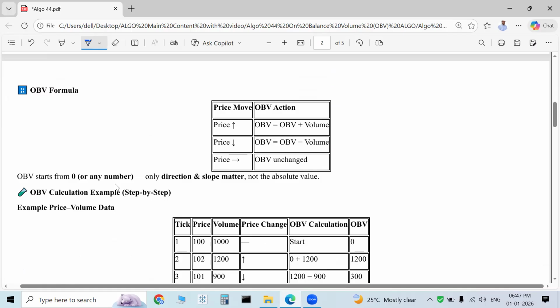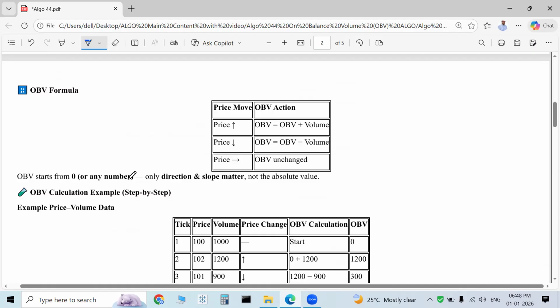The logic is that OBV is basically the addition or subtraction of the volume, and that depends on whether the price is moving up or moving down.